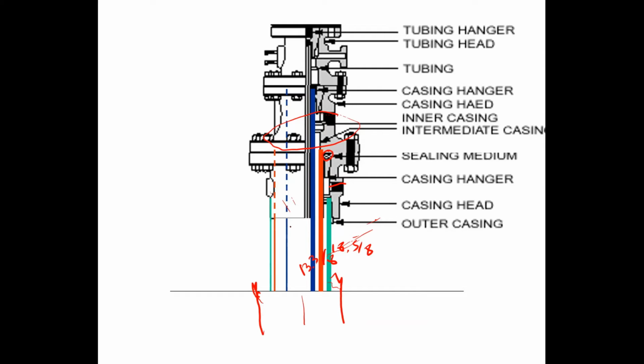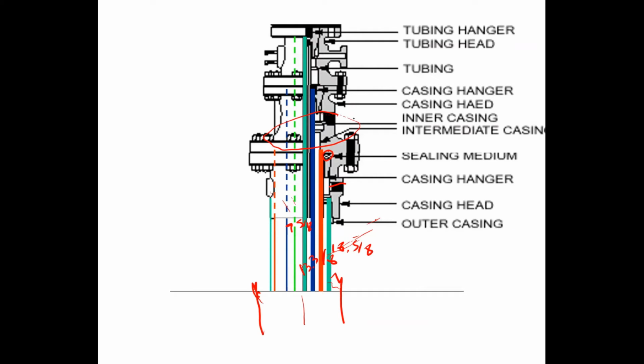The next casing. Okay, and we put another casing head, and we run 9 5/8, and then we run the tubing and hang it here.